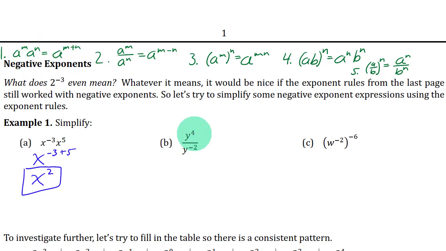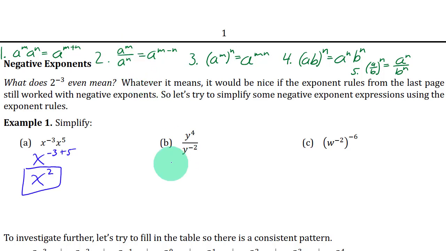How about y to the power 4 divided by y to the negative 2? Okay, well, this is the same base y in the top and bottom of the fraction, with different exponents there. So the one that works there is rule number 2. It's going to be like a to the m minus n, but with y instead of a, and 4 instead of m, and negative 2 instead of n.